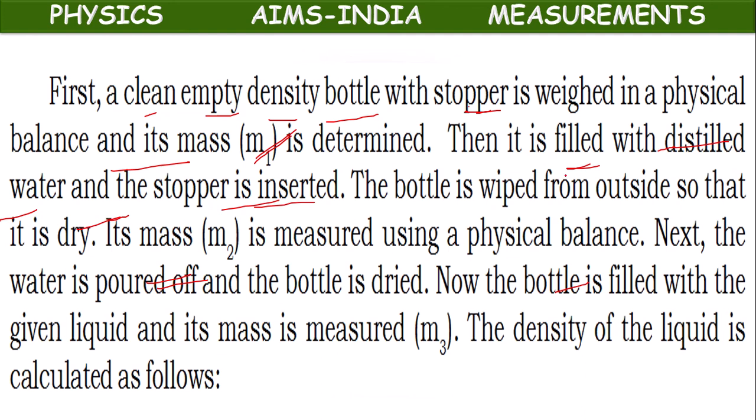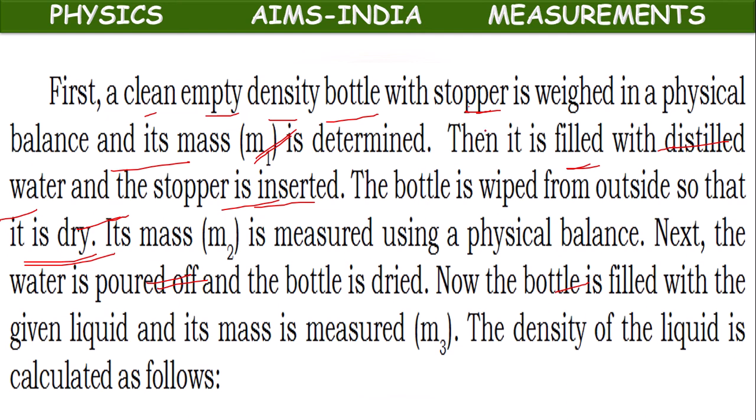The bottle is wiped from outside so that it is dry, with the precaution that no wet particle is attached to the density bottle, so that we get an accurate value.